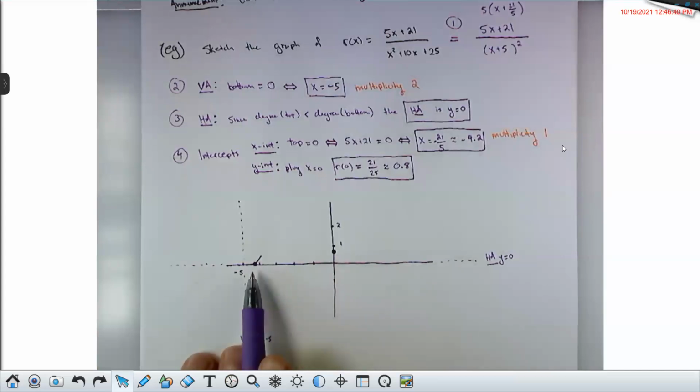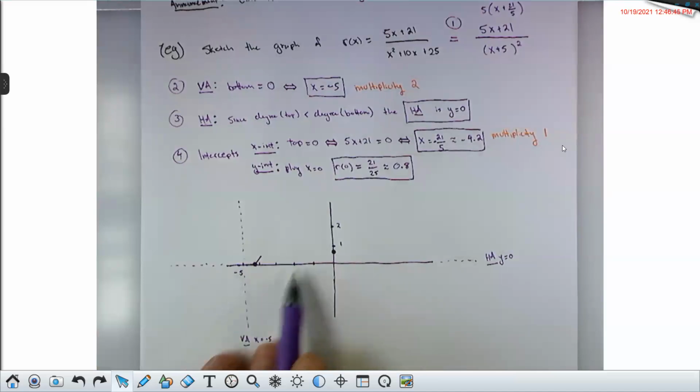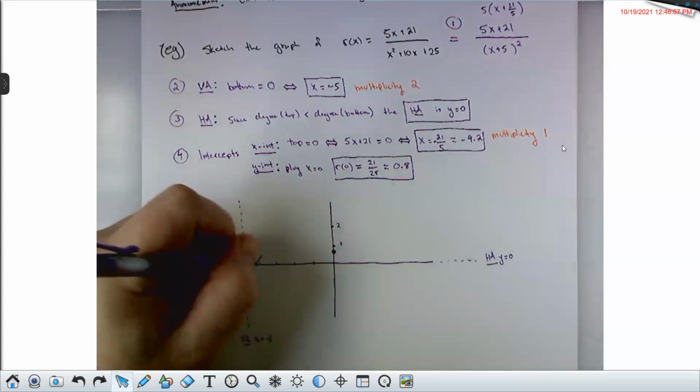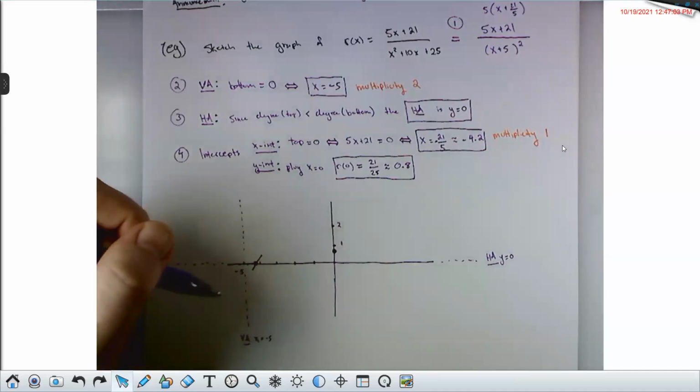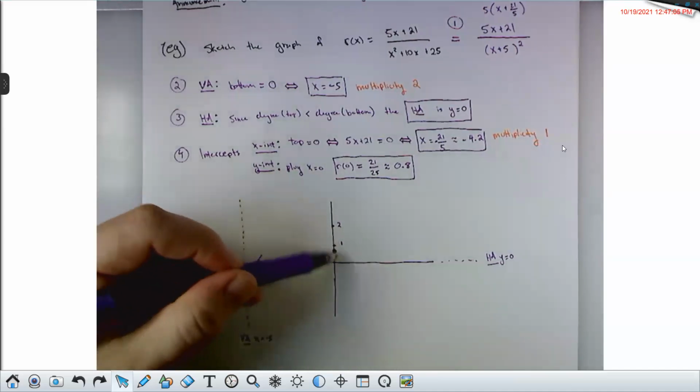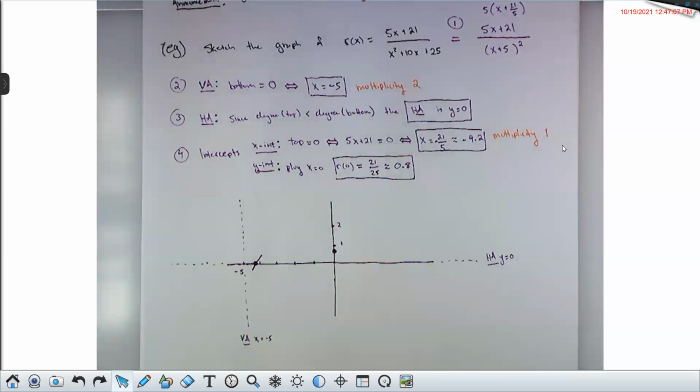So I can't possibly leave here negative, because the only way to go from negative back to positive would be if I had another x-intercept where I could cross. But I don't have another x-intercept, so I've got to come out of here positive. And because this is an odd multiplicity, I have to cross. So I'm going to cross from below to above like that, because I have to arrive at this guy positive. Does everybody understand that?